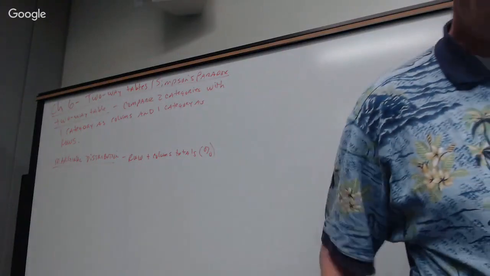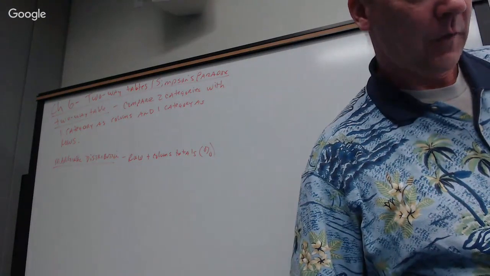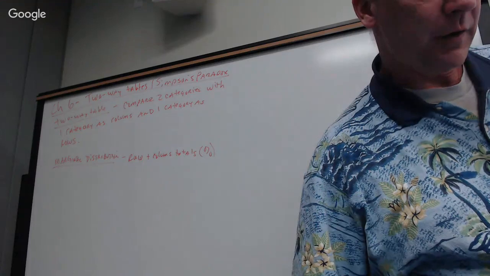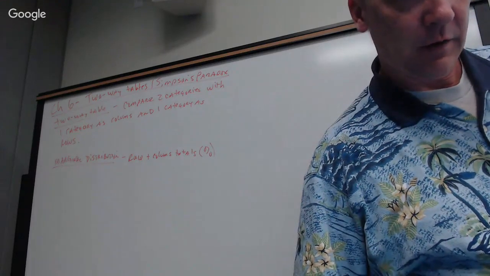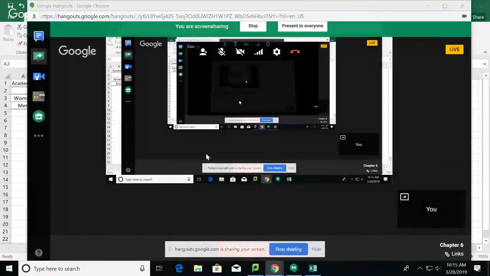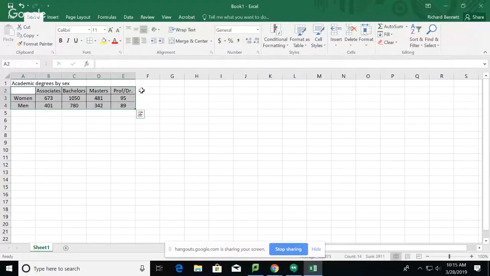So let me share my screen again. All right. So the reason why we call them a marginal distribution is because you could think of the total here as being in the margin of your paper. Okay.